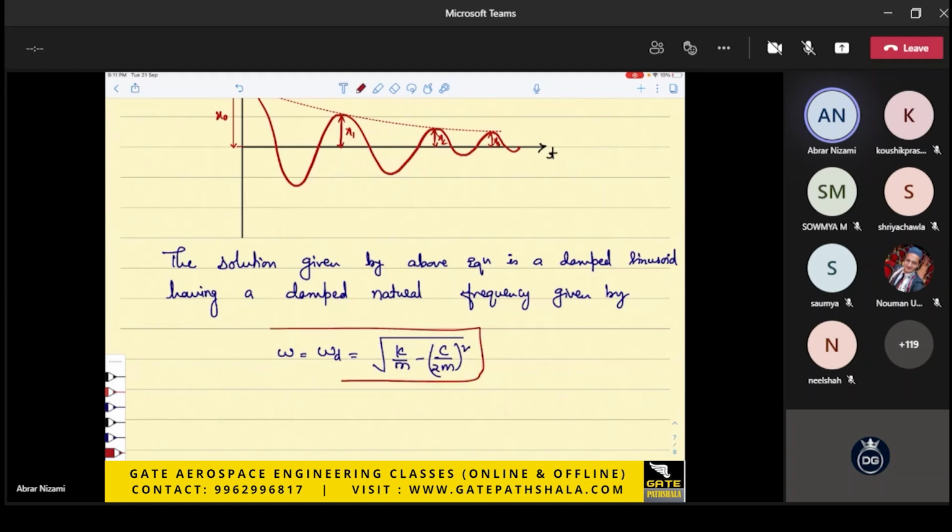Bracket this, call it equation number 7. It's called damped natural frequency, underline that word.